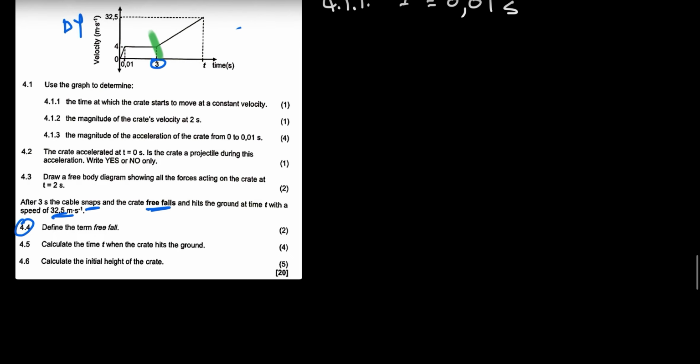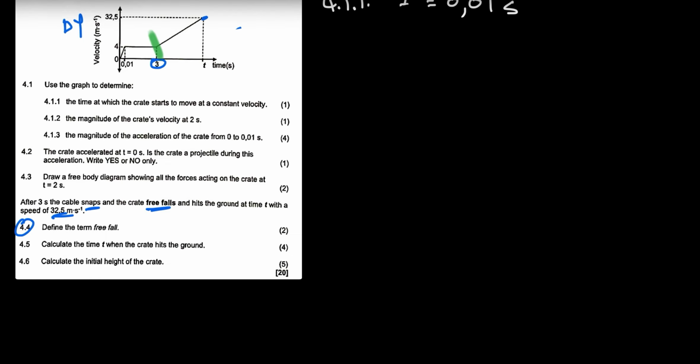They even specify that the crate free falls, so it's the motion under the influence of gravitational force only. And then it hits the ground at t with a speed of 32.5 meters per second.